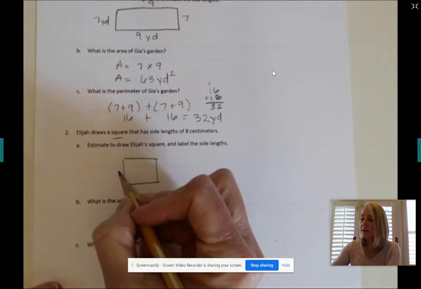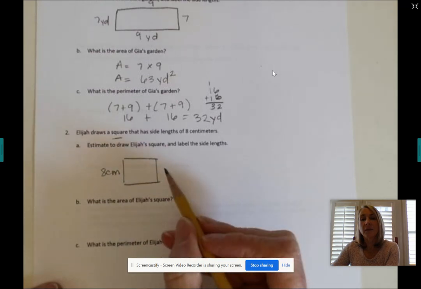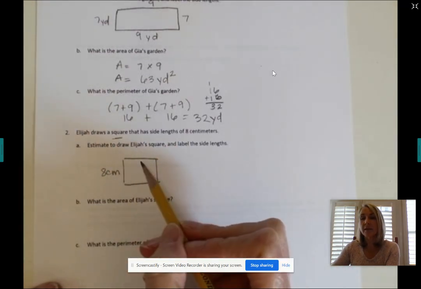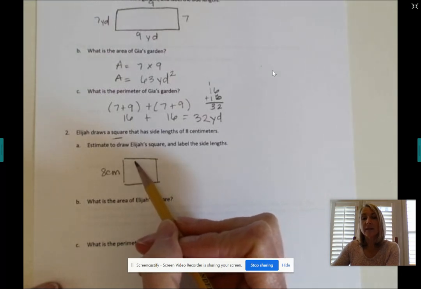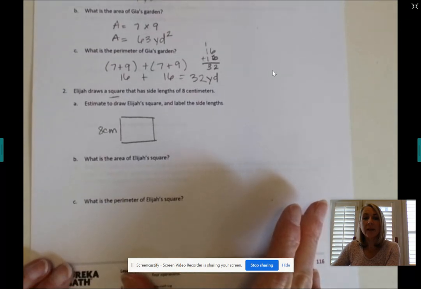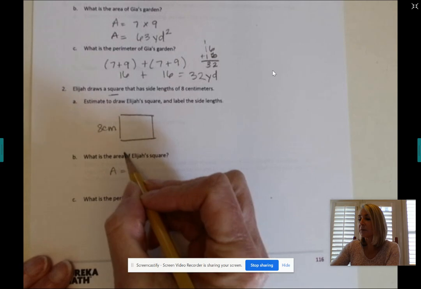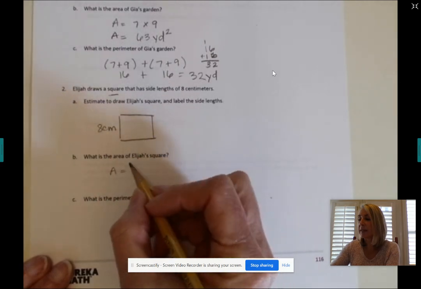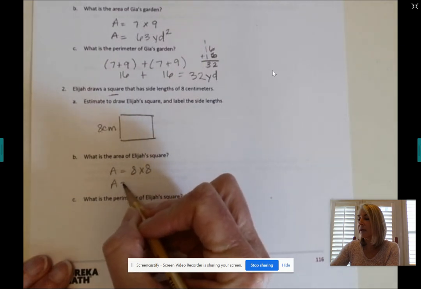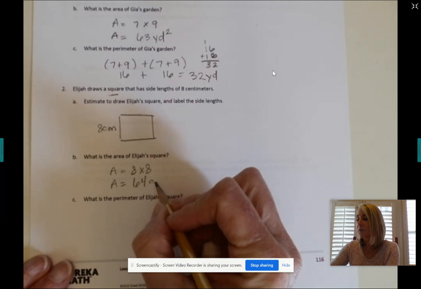So when we draw his square, we can actually just label one side because that is a way of cluing somebody else looking at this into the fact that all sides are equal. What is the area of Elijah's square? So we have area is equal to width times length, 8 times 8. So the area of this square is 64 square centimeters.